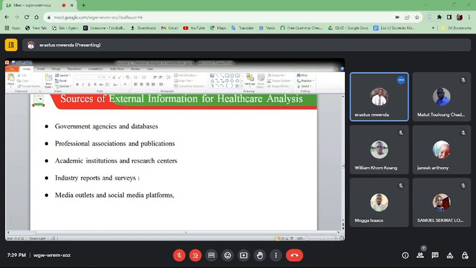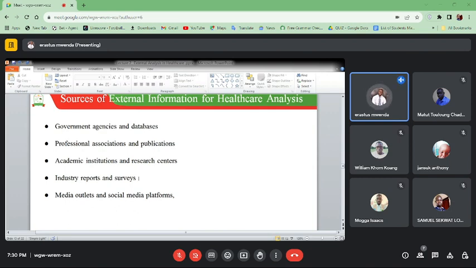And where do we get this information? We can get it from government agencies and databases. We can get it from professional associations. That's very, very important. Also, we can get valuable information from academic institutions and research centers.